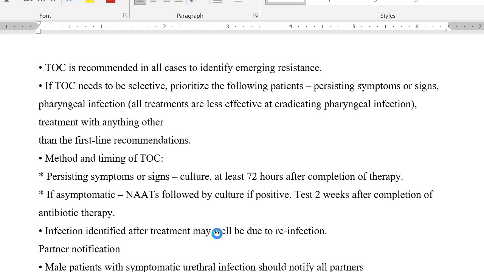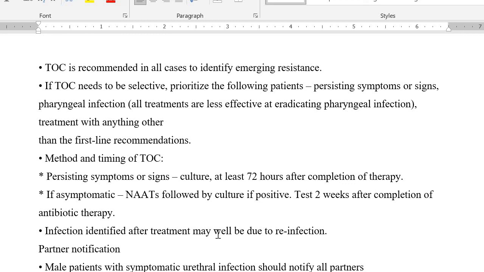Test of cure needs to be selective. You are going to prioritize patients who have persistent symptoms or signs, who have pharyngeal infection, since all treatments are less effective at eradicating pharyngeal infections, and whose treatment was with anything other than the first-line recommendations.